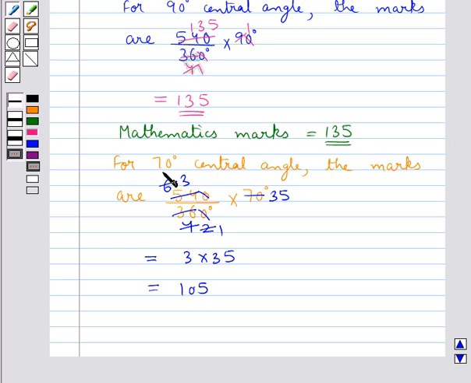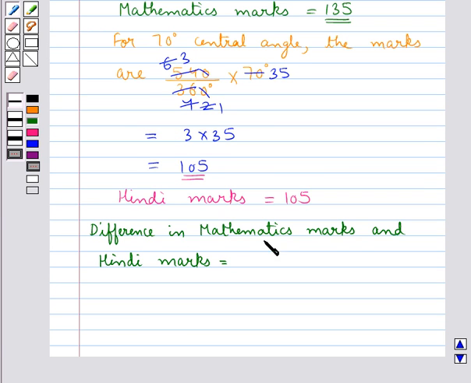Thus, for 70 degree central angle, the marks are 105, which corresponds to the marks in Hindi. Thus, we have Hindi marks equal to 105.